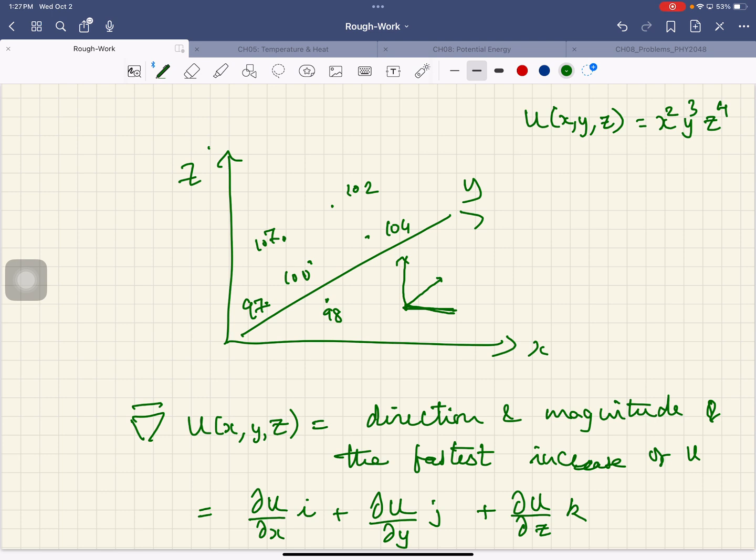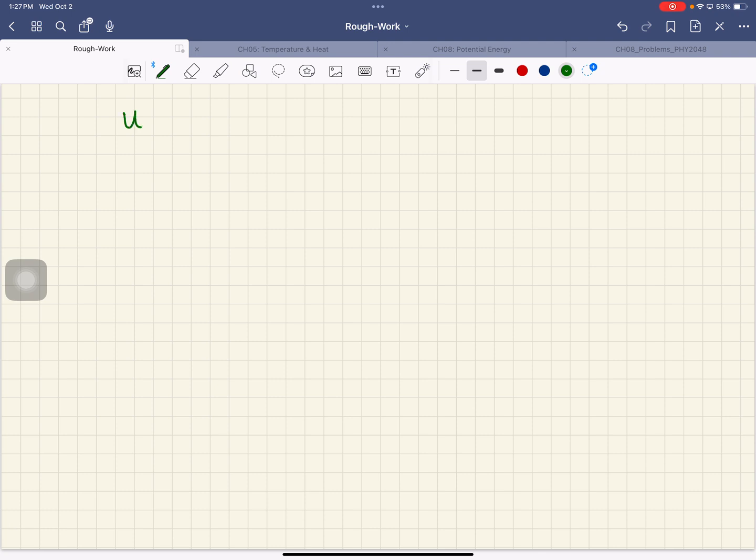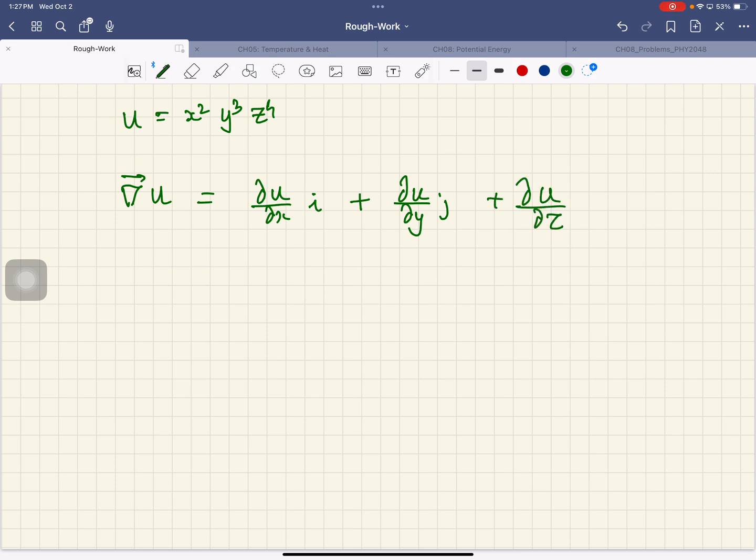Okay, so let's evaluate the gradient. For our function, u equal to x squared y cubed plus z to the power 4, the gradient of u, I've written a vector because the gradient is a vector field, is equal to del u by del x i, the change in u when you move parallel to the x-axis, plus del u by del y j plus del u by del z k.